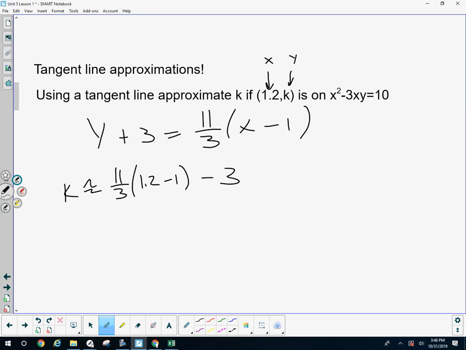Probably don't want to take 0.2 and multiply it by 11 thirds, right? 2/10, 1/5, 11/15.